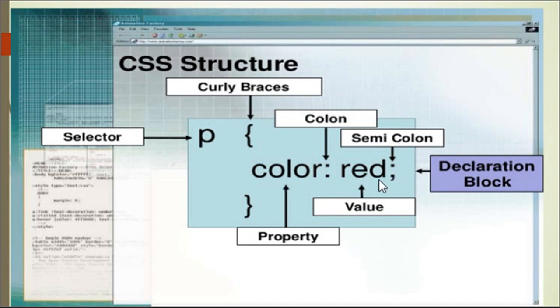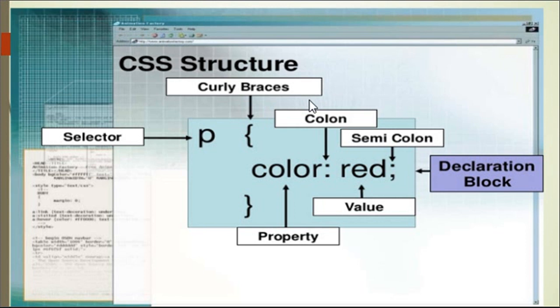So here we can call color a property, and which color we want to assign, that is nothing but the value. So this is the format, or the syntax of the CSS. After the property there is a colon, and after your value there is a semicolon. So this is the basic structure, or the syntax of CSS.